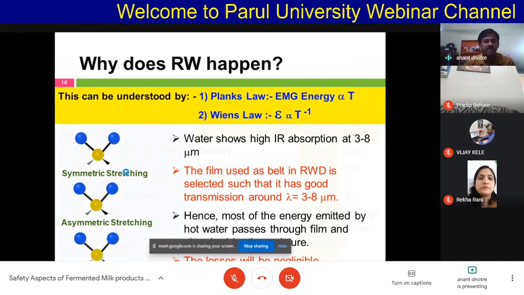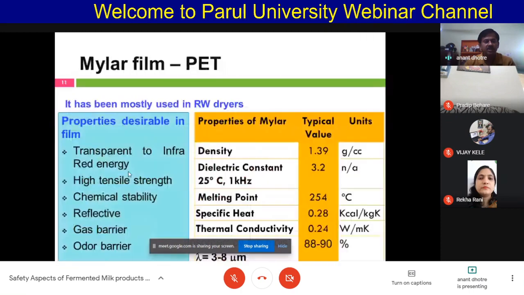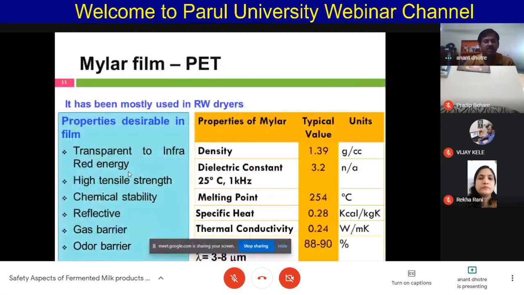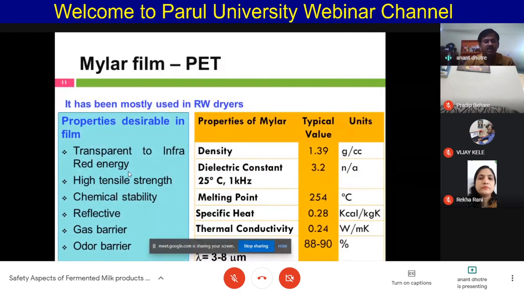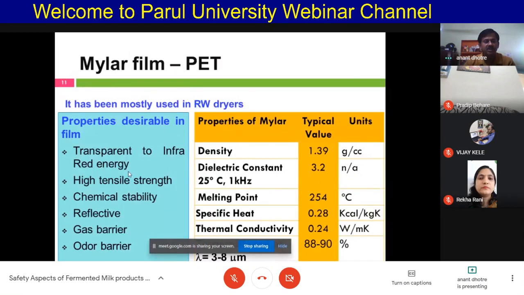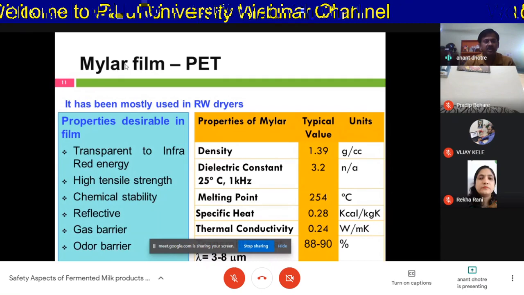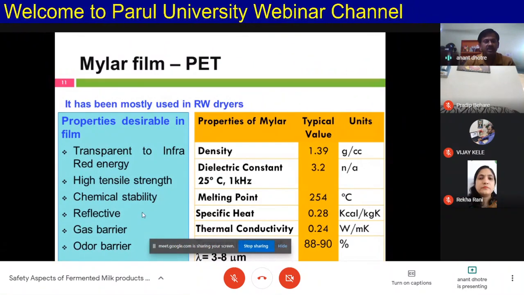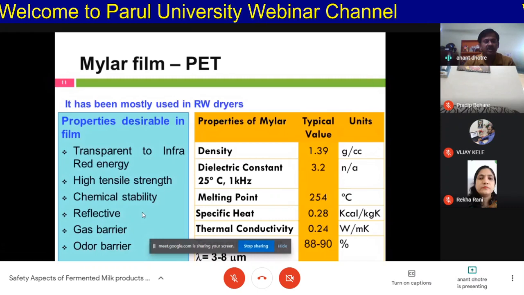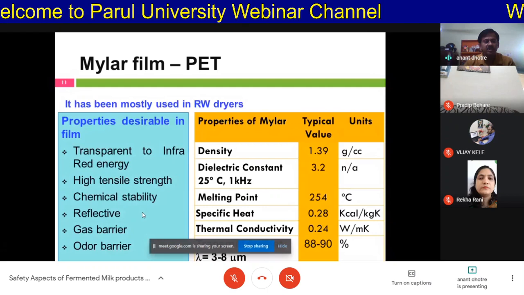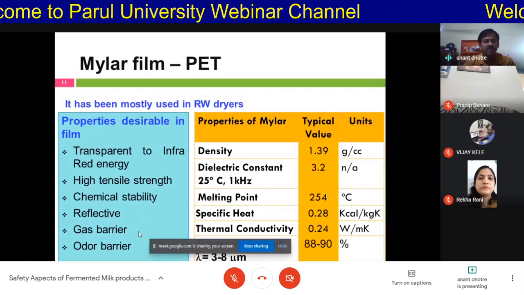Now coming back, by this time we would have understood that the very important part is the Mylar film, the film that we are going to use. There is a Mylar film which is commercially available, and it should have very good gas and odor barrier properties. Apart from these, there are some quantified properties like density and dielectric constant.